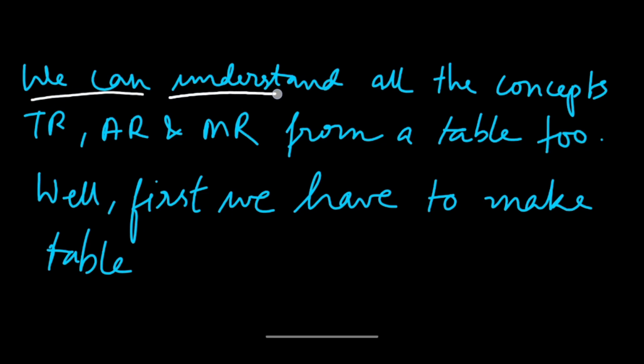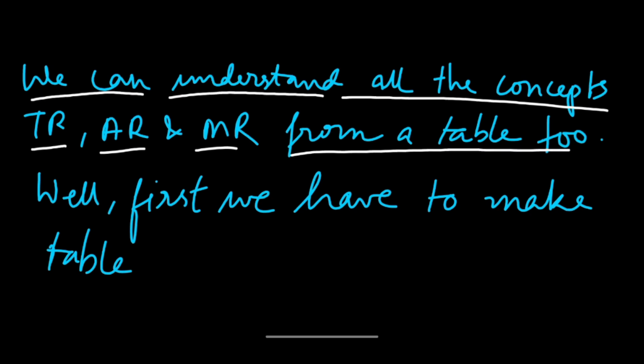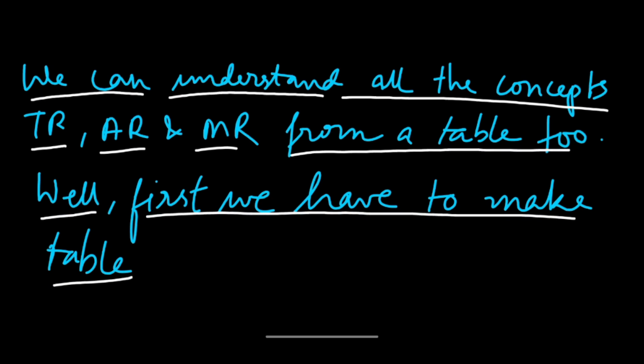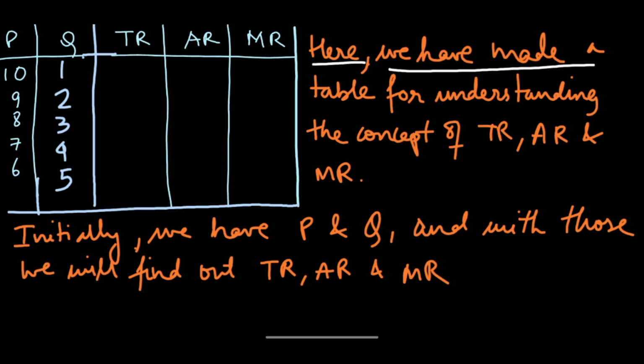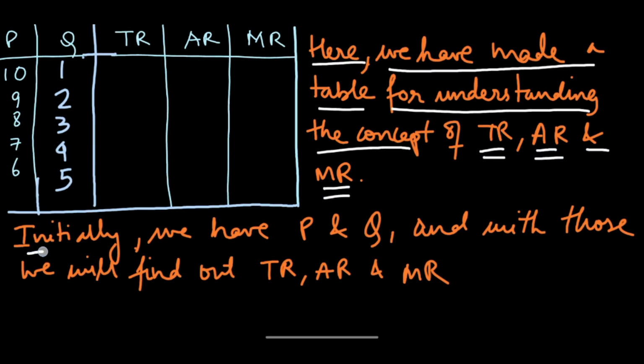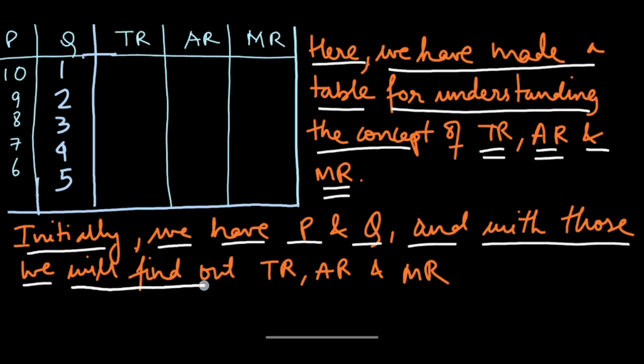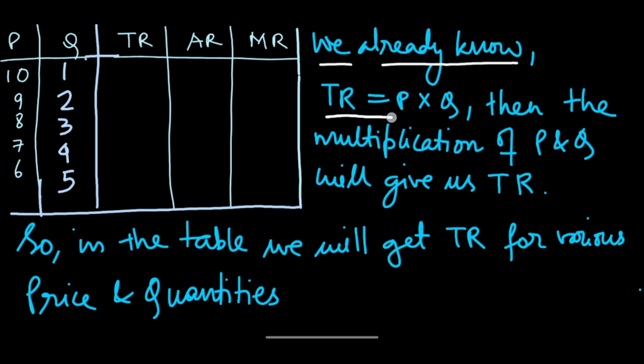Now we can understand all the concepts TR, AR, and MR from a table too. First, we will have to make the table. Over here, we have made a table for understanding the concepts of TR, AR, and MR. Initially, we have price and quantity, or P and Q, and with those we will find out TR, AR, and MR. We already know that total revenue equals price times quantity.